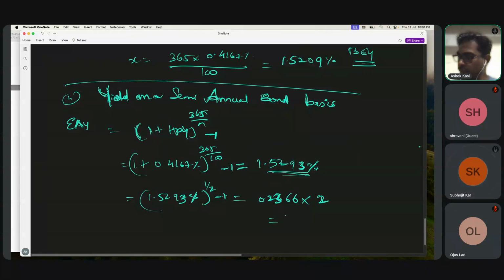So that is 0.4733. No, it cannot be such a big difference.